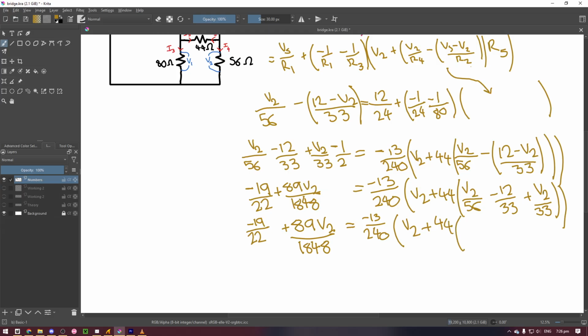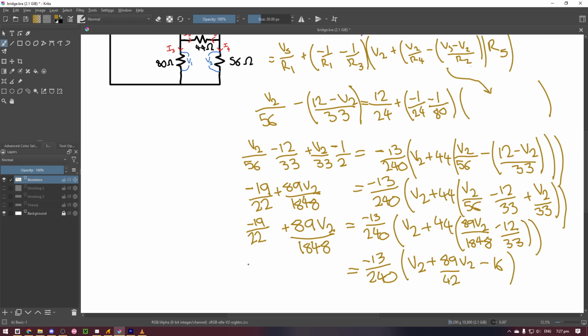V2 over 56 plus V2 over 33 is the same as over here: 89 V2 over 1848 minus 12 over 33, and then again minus 13 over 240 V2 plus 44 times 89 over 1848 V2, which is 89 over 42 V2 minus 16. And then I'll just put the other side down here.